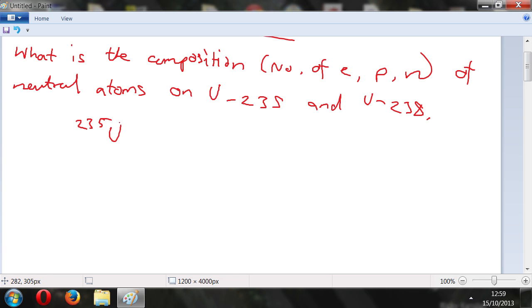So we know that's the combination of protons and neutrons. The mass, which is denoted by A, is the combination of both protons and neutrons.